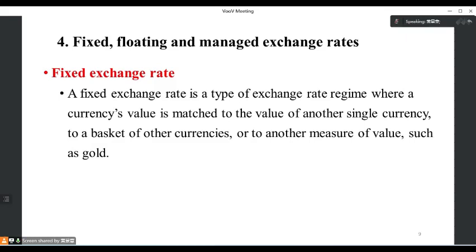We can understand the fixed exchange rate means a country's currency can be valued by gold, or by a single currency of another country. Give an example.